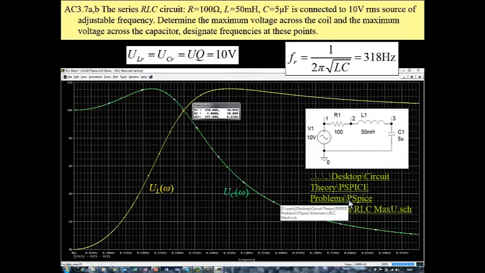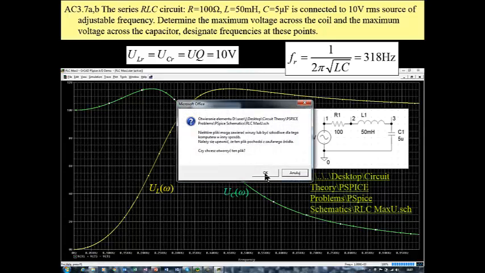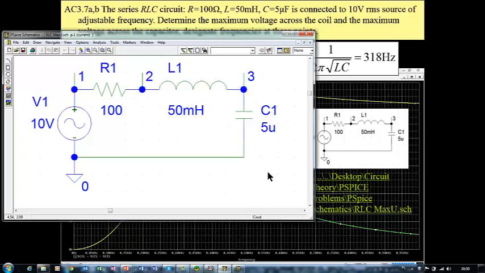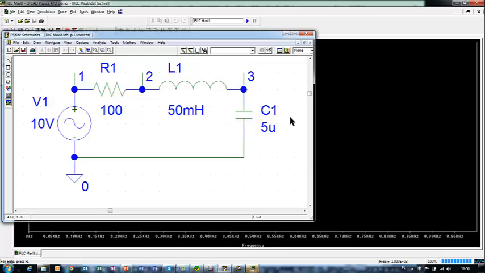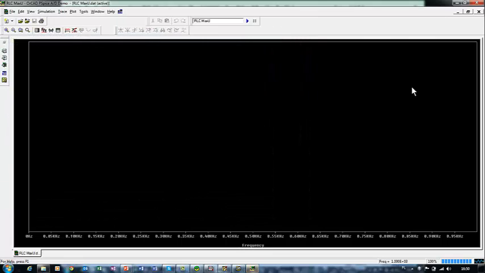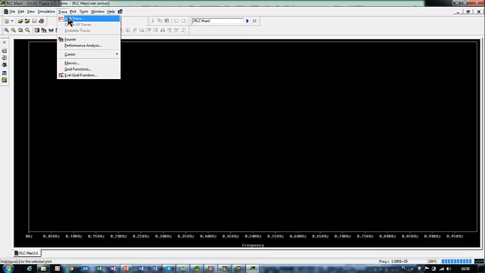Now let me repeat PSpice simulation. Okay, this circuit diagram stored in computer memory, simulation run. Okay, simulation completed. We may add traces of these two voltages.